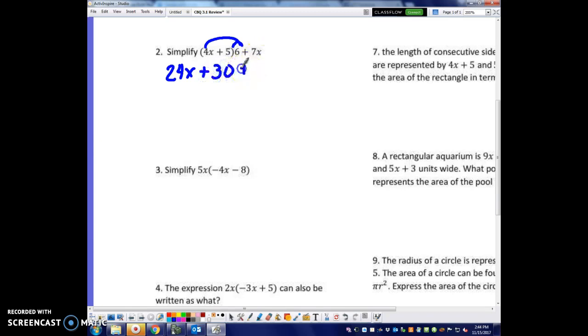And then we have this plus 7x on the end. Next step, combine like terms. So we have an x family here, a number family here, and an x family here. Okay, so what is 24 plus 7? It's 31x. And then plus 30.